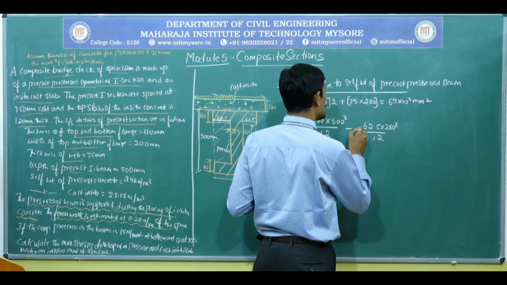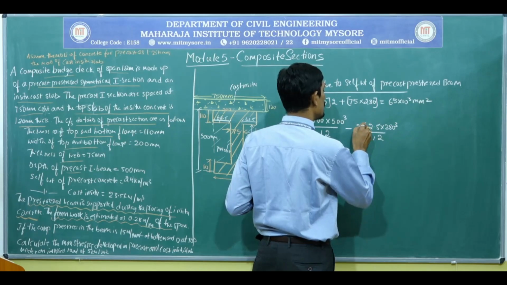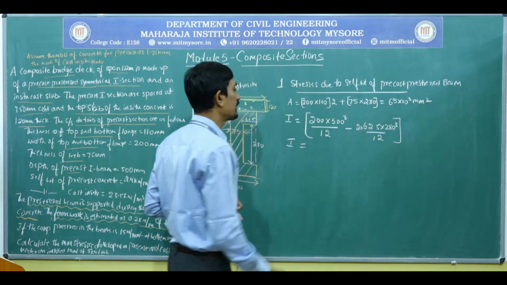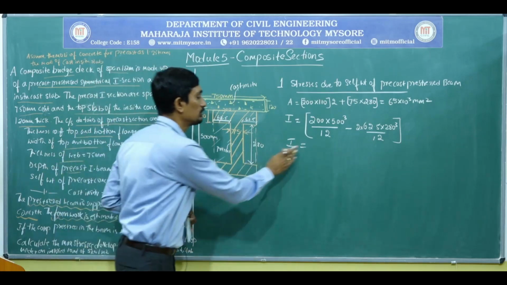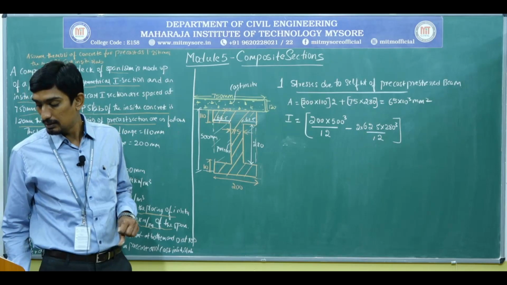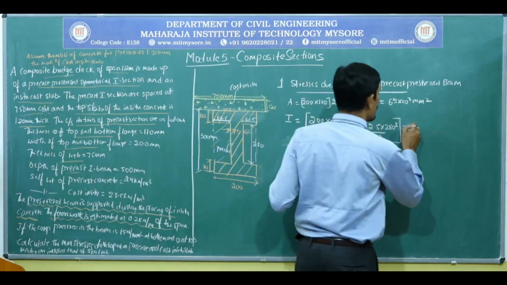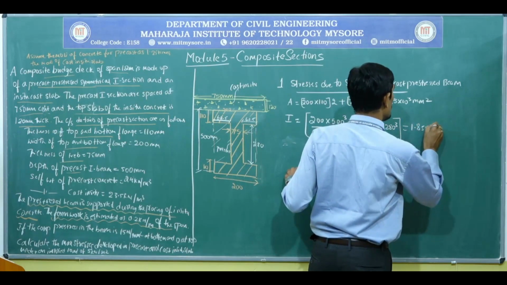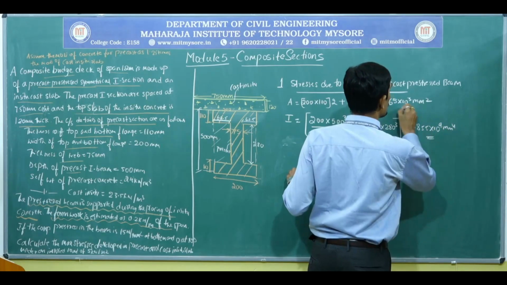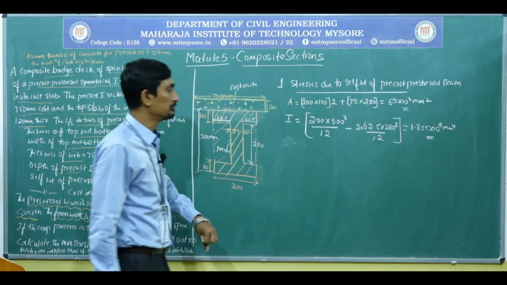How many rectangles are there? 2, hence I will multiply by 2. Like this I need to calculate, and the answer will be 1.855 into 10 to the power of 9 millimeter to the power of 4. So this will be I.